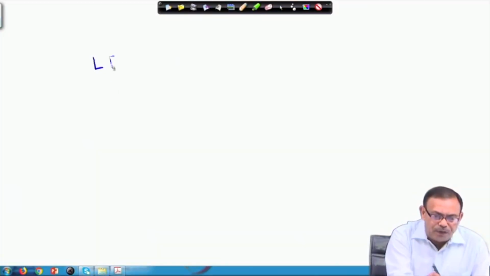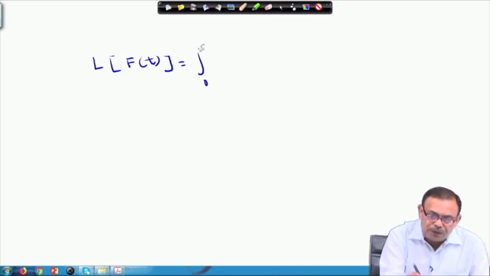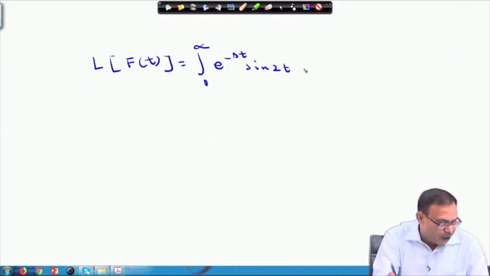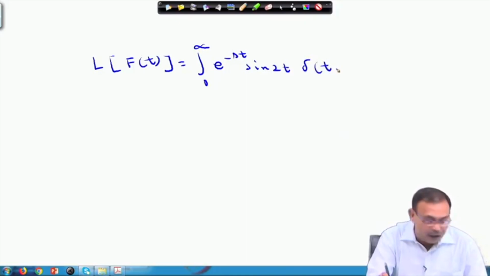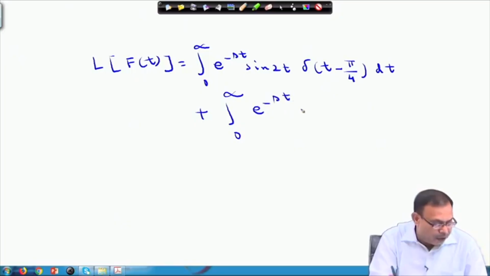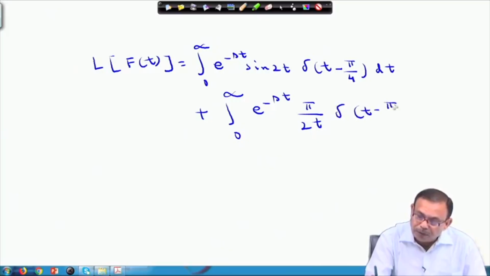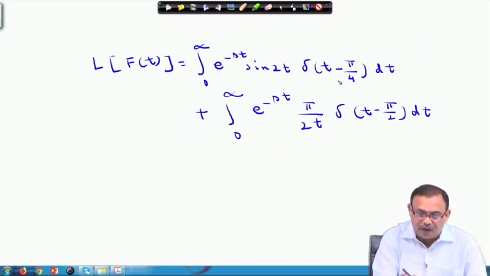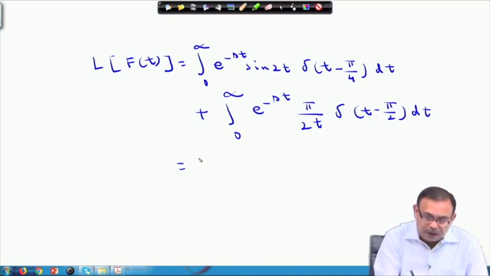So the Laplace transform of f(t) equals the integral from 0 to infinity of e to the power minus st sin 2t into the Dirac delta function of t minus pi by 4 dt, plus the integral from 0 to infinity of e to the power minus st into pi by 2 t into the Dirac delta function of t minus pi by 2 dt. And if I evaluate this, I know the value of these two functions separately.